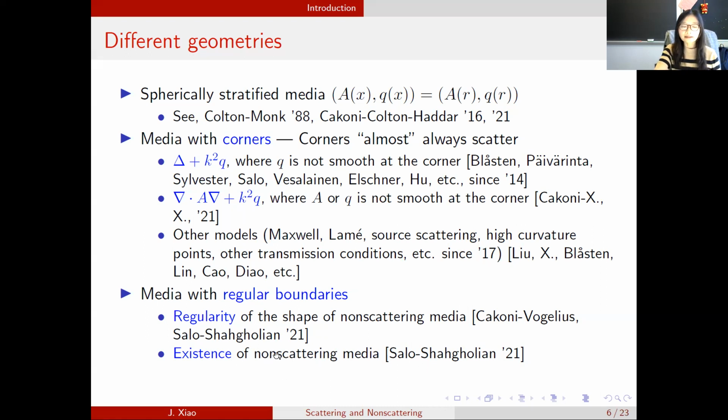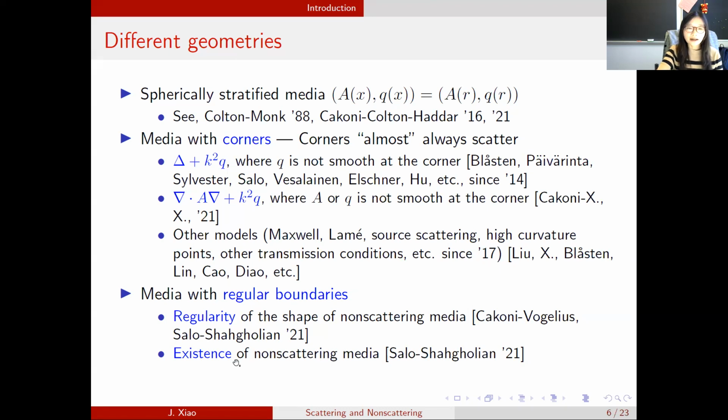Also, in the same paper of Miko and Chagolia, they constructed some non-scattering media by using analytic continuation or Cauchy-Kovalevskaya theories.